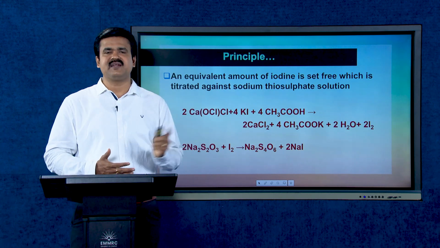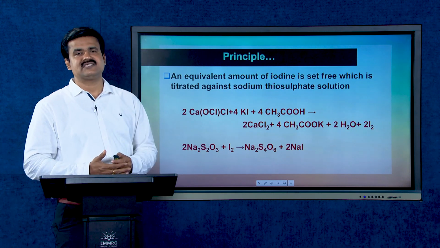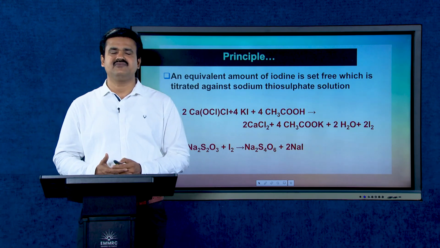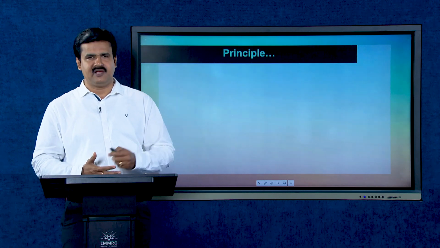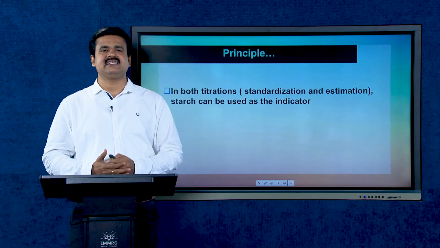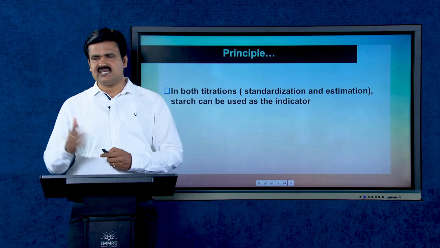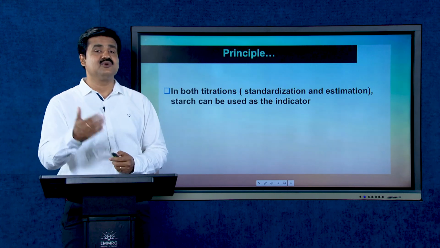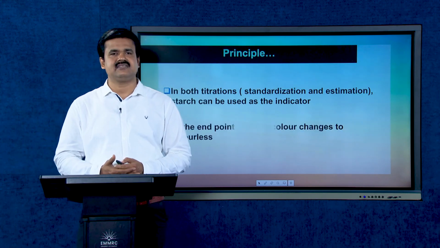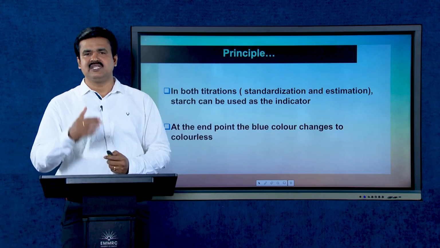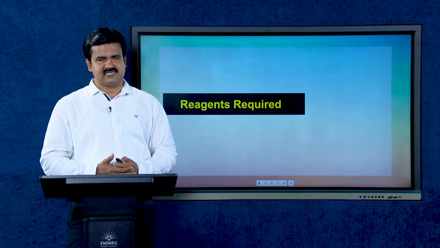Then 2Na2S2O3 plus this liberated iodine gives Na2S4O6 plus 2 molecules of sodium iodide. Now, in both the titrations, the standardization part as well as the estimation part, we can use starch as the indicator. At the end point, the blue color changes to colorless.